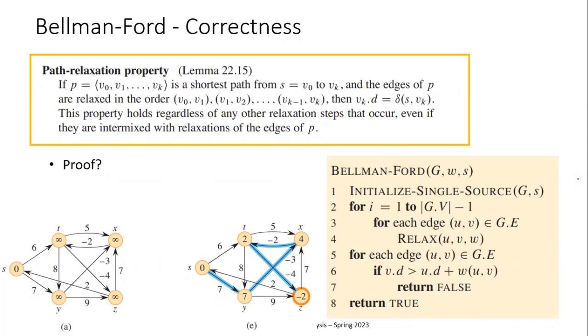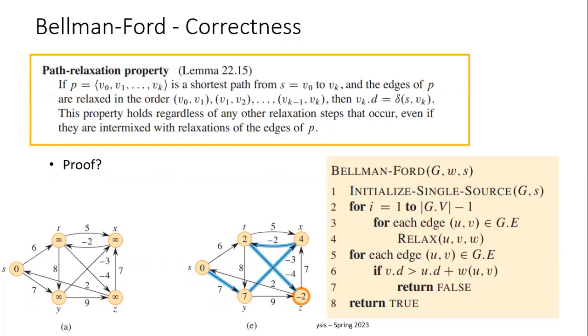Remember, in Bellman-Ford, we said we're going to do a brute force relaxation. The first round, we're going to relax all of the edges. In the second iteration, we again relax all of the edges. And we're going to keep on repeating that until we've covered a certain minimum number, and that minimum number was V minus 1.